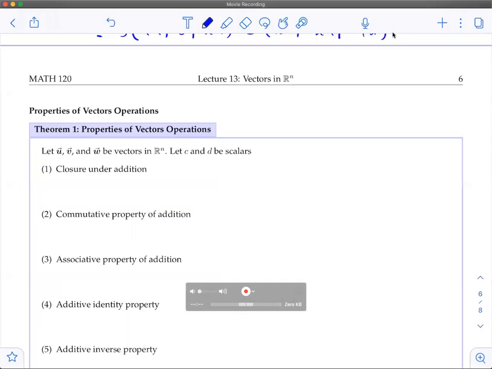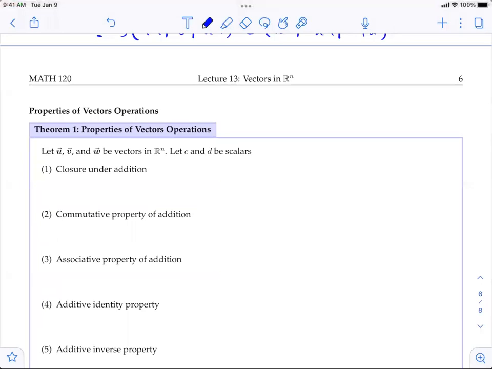So let's say you have three vectors in Rn, or n-dimensional vectors, u, v, and w, and you have two real numbers or two scalars, c and d. Here are the properties of the vector operations. And when you talk about operations, you have two operations, vector addition and scalar multiplication.